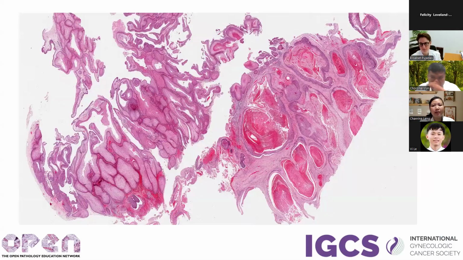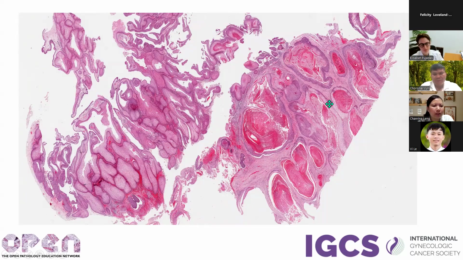In the microscopic appearance, from low power, we see multiple fragments with proliferation of the tumor in the stroma. The architecture of the tumor is lobulated, and in this area it has broad nests of tumor.